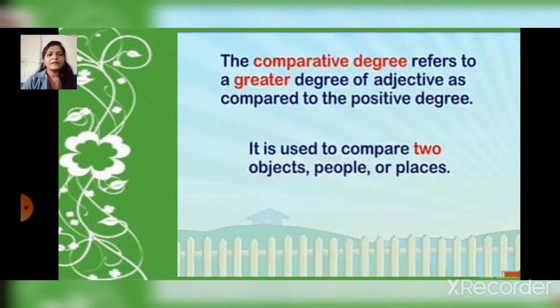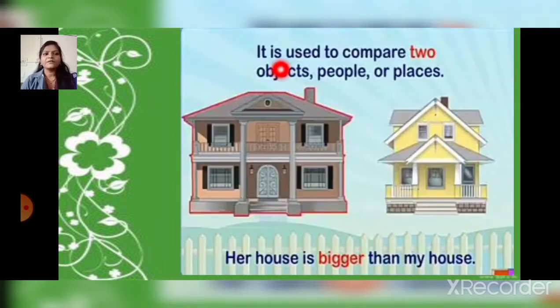For example, her house is bigger than my house. So here is a comparison of two houses. This is called comparative degree.